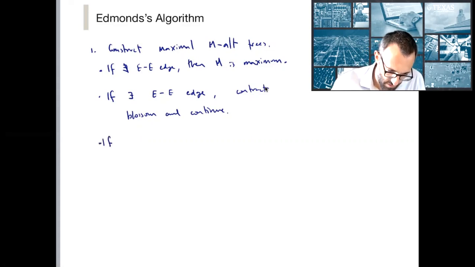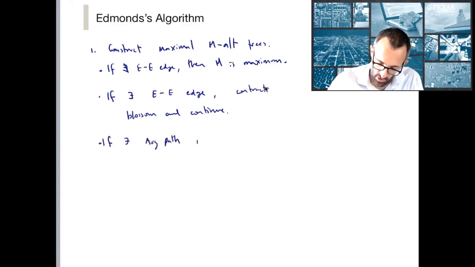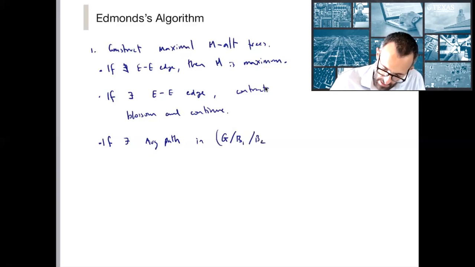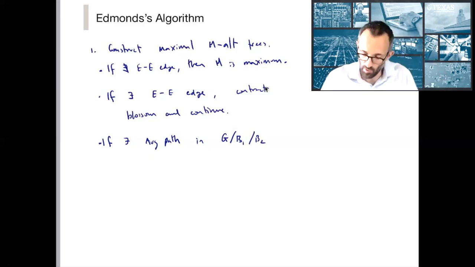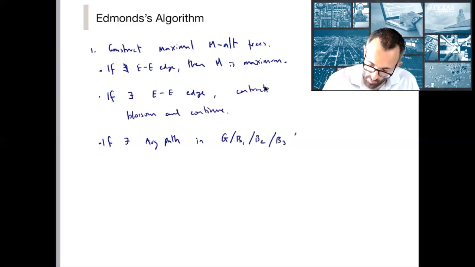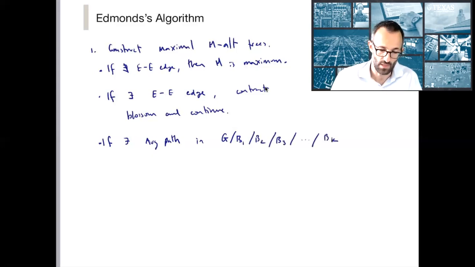And if there exists an augmenting path at any stage, so let's just say in G after contracting blossom B1, and I'll use this notation, contracting blossom B2. Actually, I'll just leave out these parentheses and write it this way. This just means I contracted blossom B1, then B2, then B3, and I continue contracting some finite number of times.